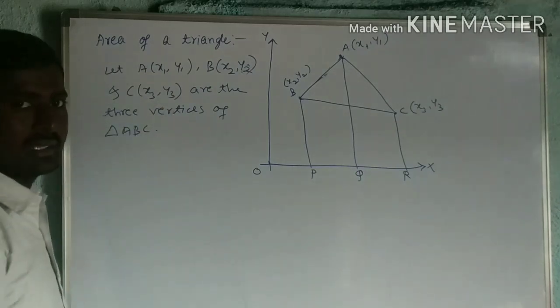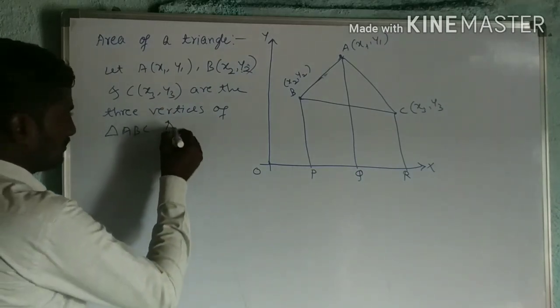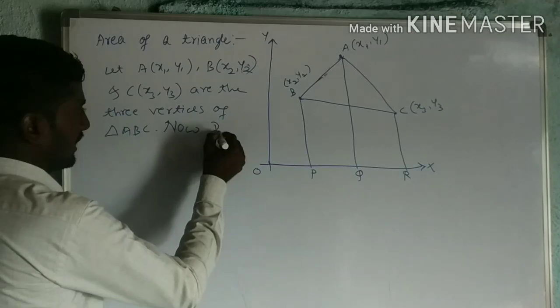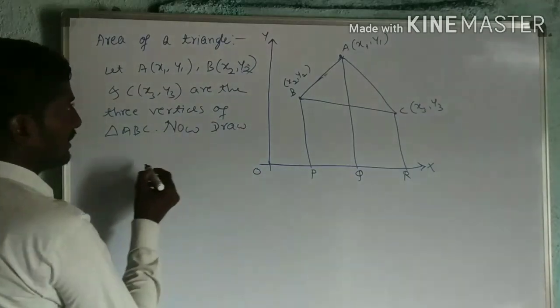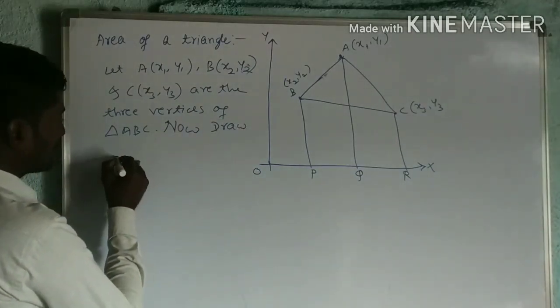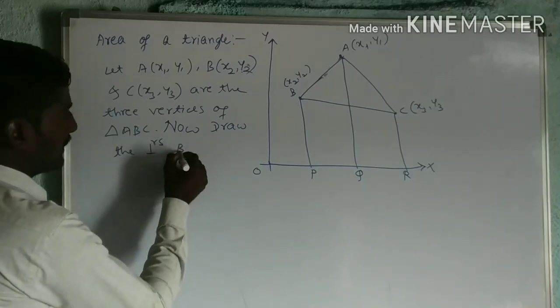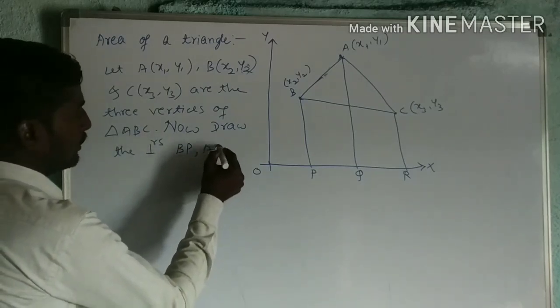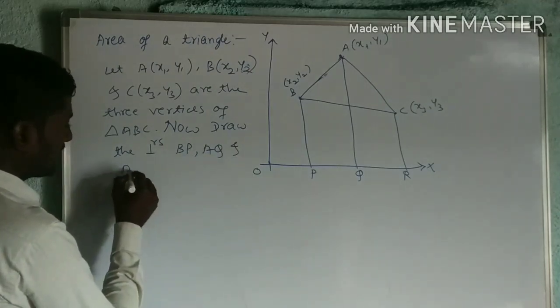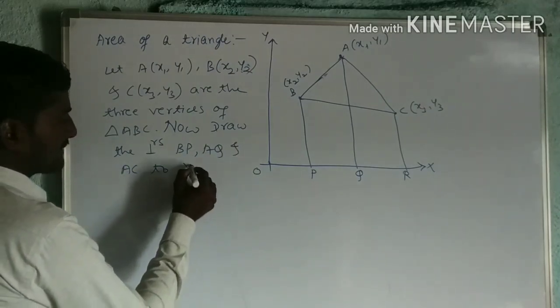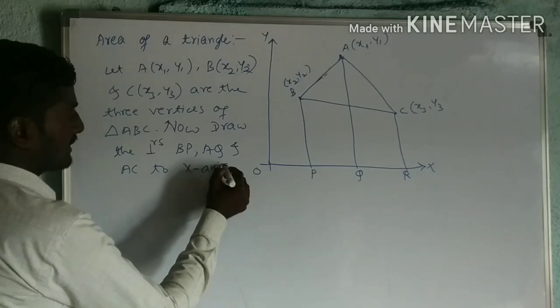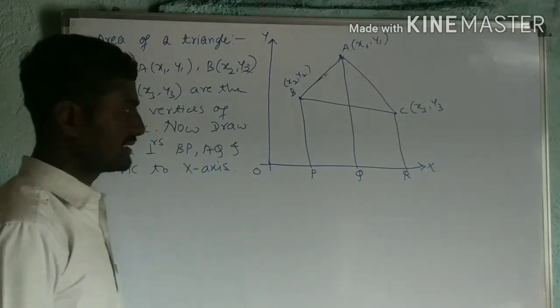Now draw the perpendiculars BP, AQ and CR to the x-axis. Okay, so this is enough.